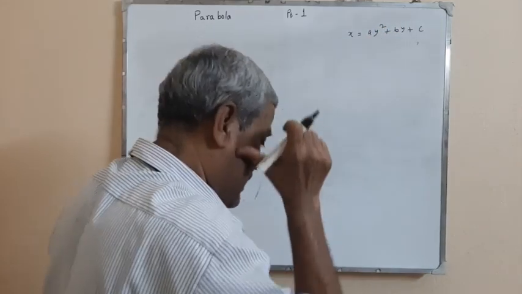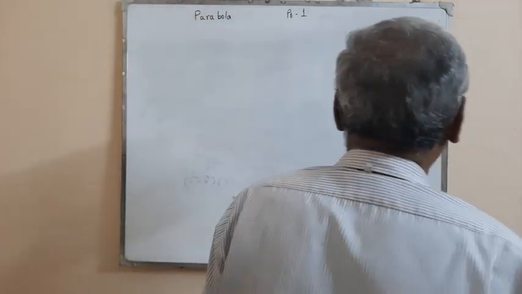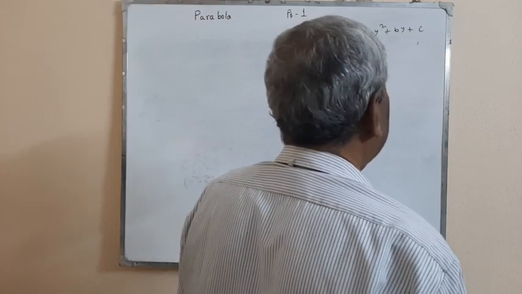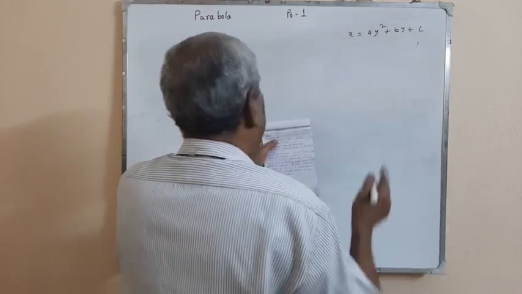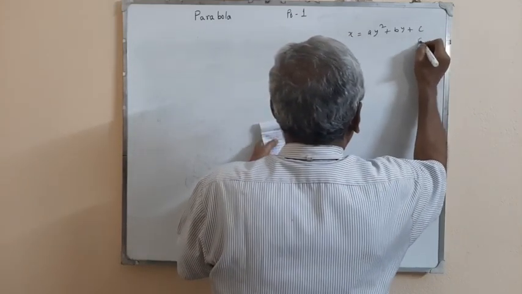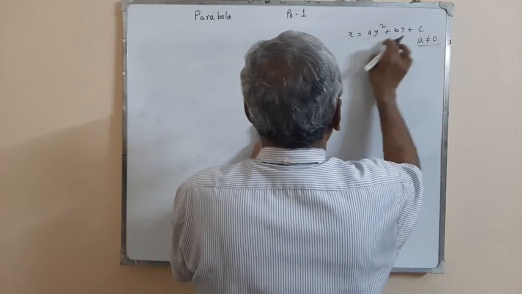A, B, C are unknown constants, and they can be obtained from three other given pieces of information. Here, obviously, a is not equal to 0.